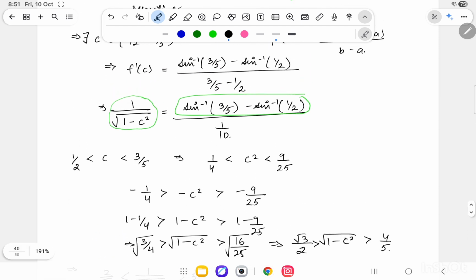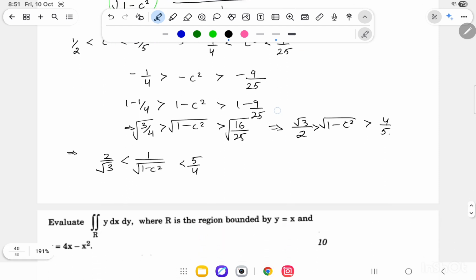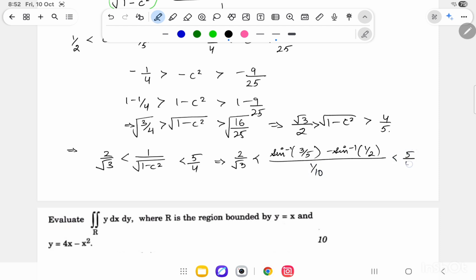Now since this term is equal to sine inverse 3/5 minus sine inverse 1/2 divided by 1/10, I can just plug in the value. So it will be 2 by root 3 less than sine inverse 3/5 minus sine inverse 1/2 divided by 1/10, and it is less than 5/4.